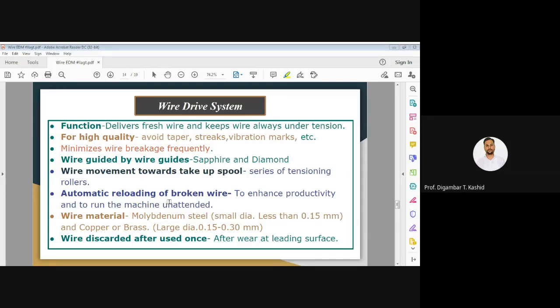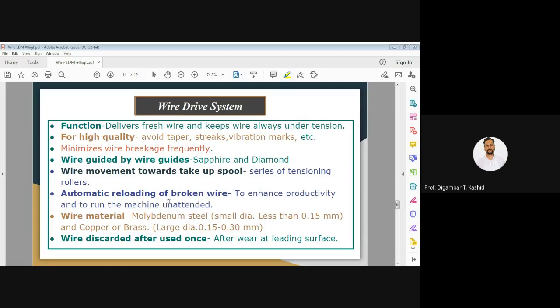This wire EDM system is actually fully automated. It comes with automatic reloading of the broken wire, so that during the machining, the machining process can be unattended. You need this automation.